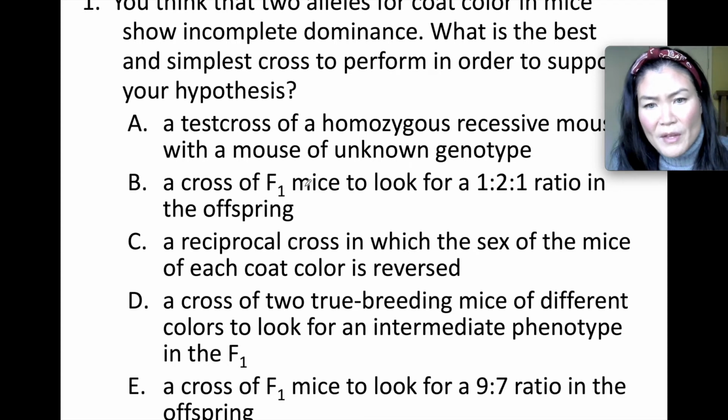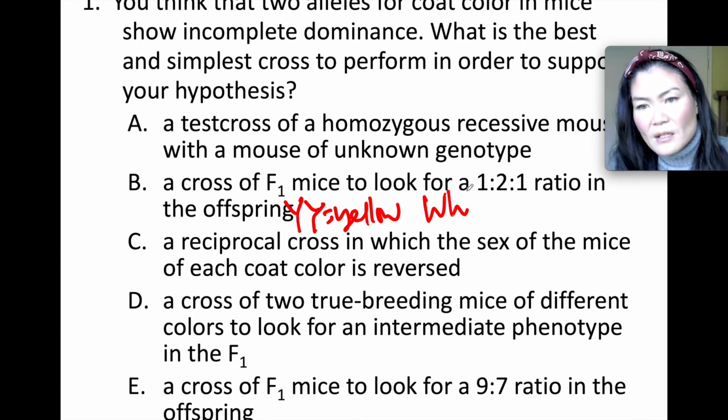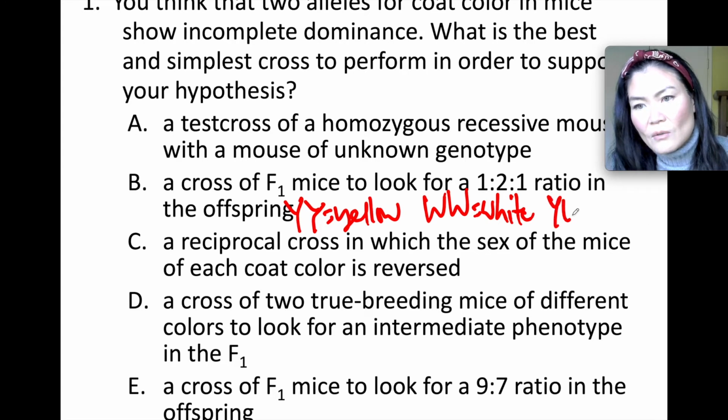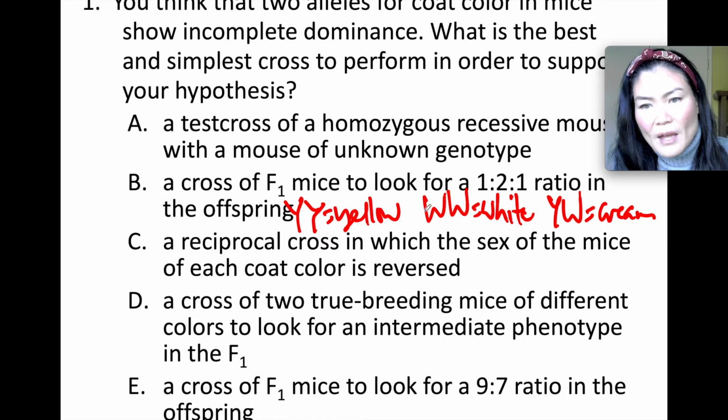So you guys remember with the F1, so let's see, you have yellow, that's yellow, right? I should probably write it like this. And then this is going to give you white, and then this is going to give you cream. Okay, so remember the P generation, they're purebred, and then the F1, they're hybrids.